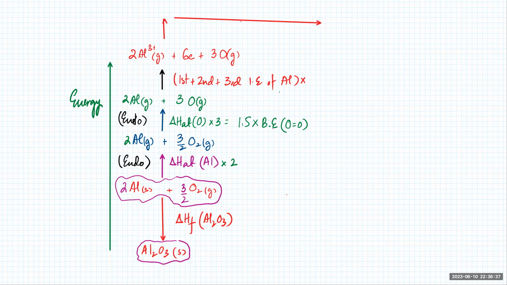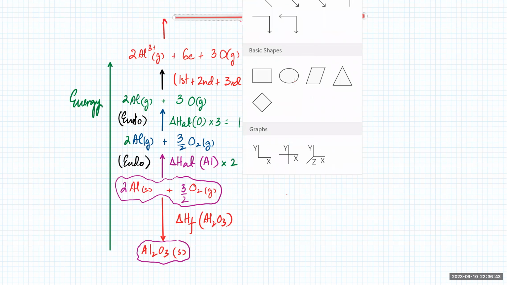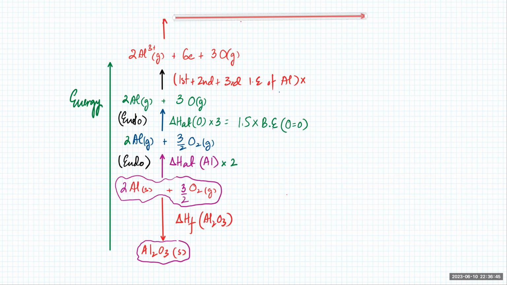So this one, we're going to go down now. Okay, so now the 2Al3+ gaseous, the oxygens are going to consume the electrons, so it's going to become 3O2- gaseous ions, right?